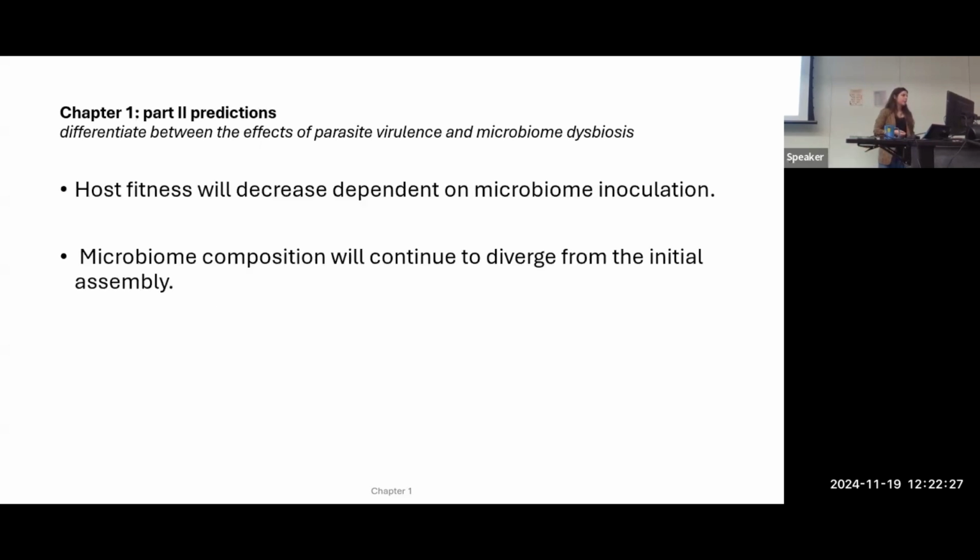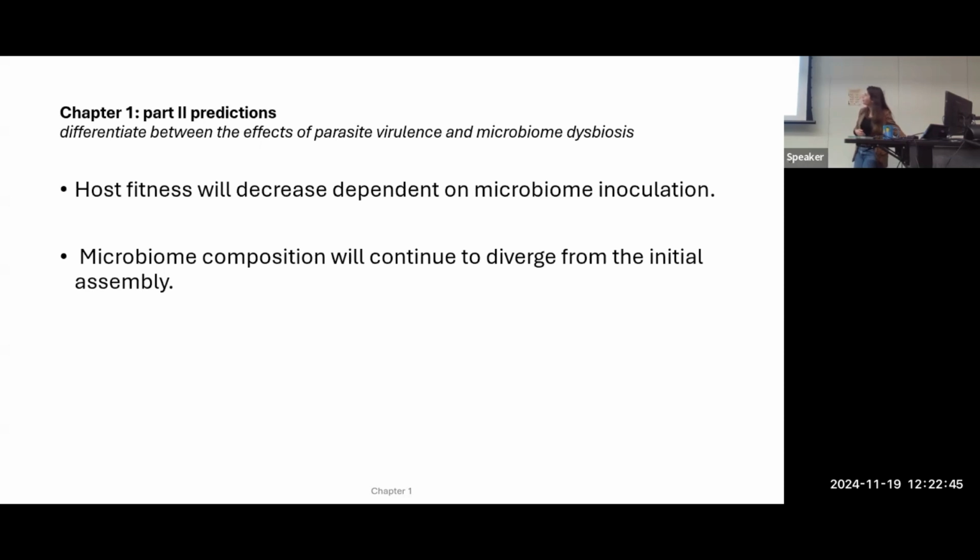So let's revisit my predictions. Once again, I think that host fitness will decrease dependent on microbiome inoculation. I expect that those with these more virulent or disruptive parasites will have a more destabilized microbiome, thus leading to a greater, more dramatic reduction in host fitness.